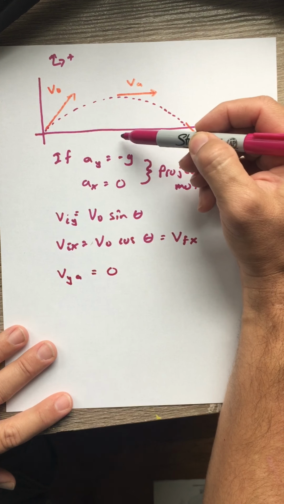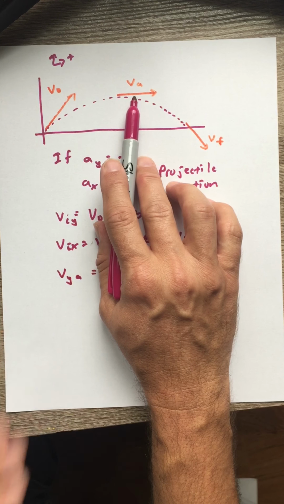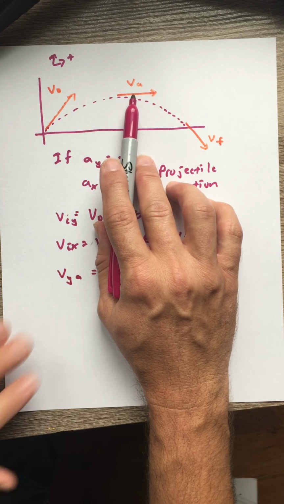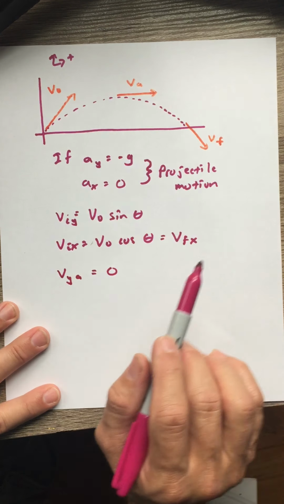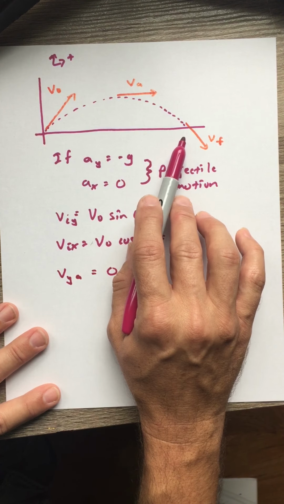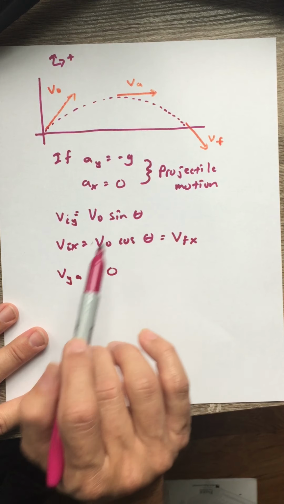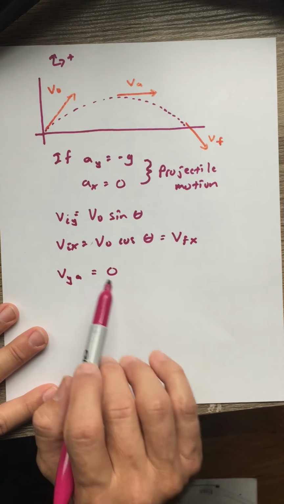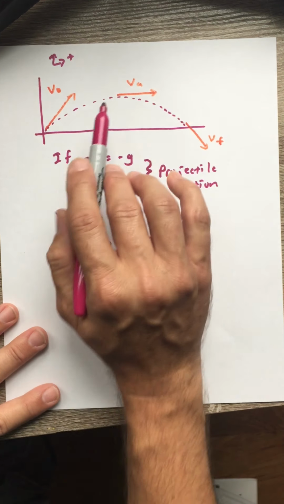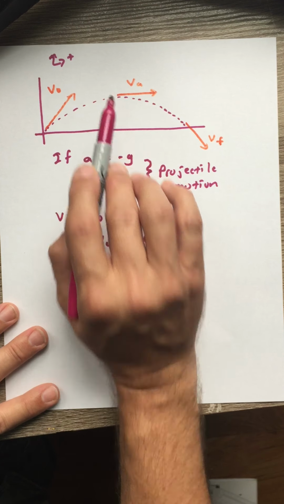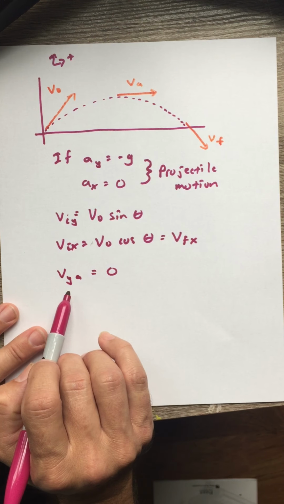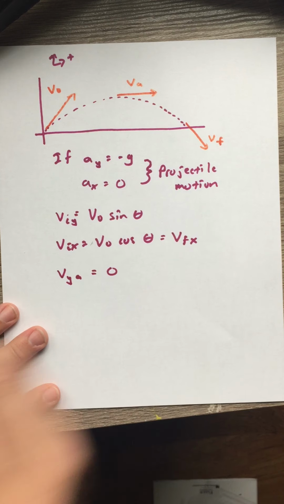That's the point where it stops moving up. Now, is there a velocity at all at the apex? Yes, there is, because the x direction has not changed. In the x direction, I'm still cruising along at a steady v naught cosine theta, so there is a velocity at the apex. There's just not a y component. It's all in the x direction.